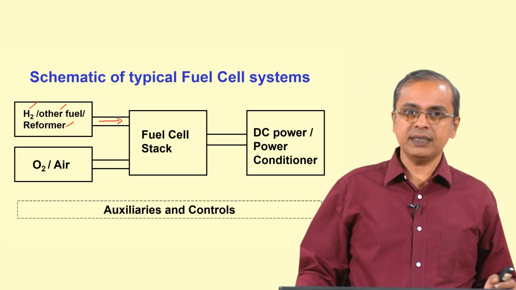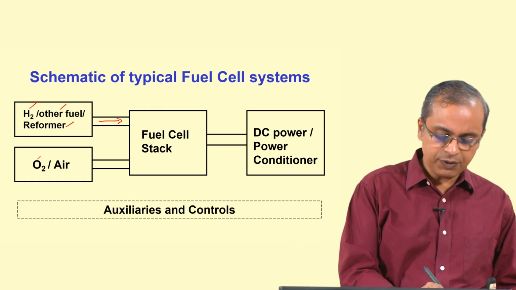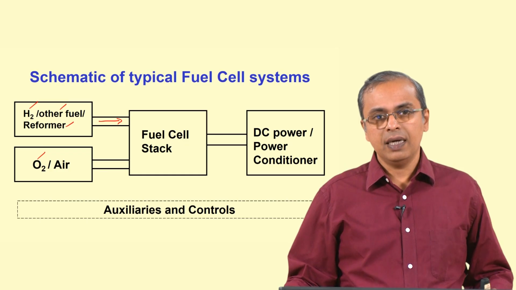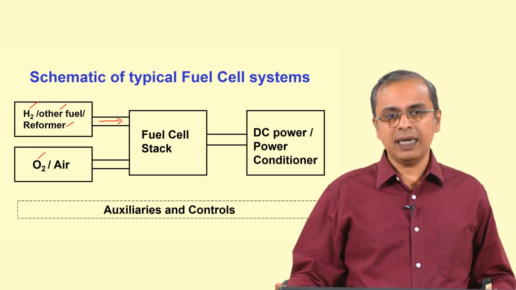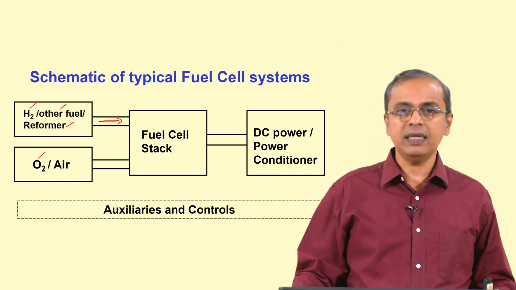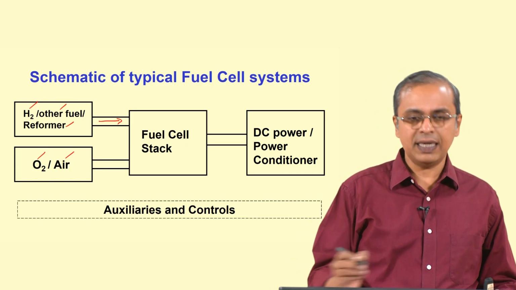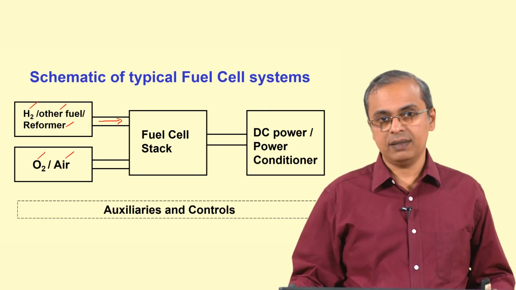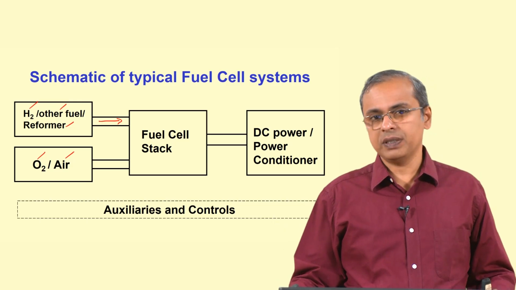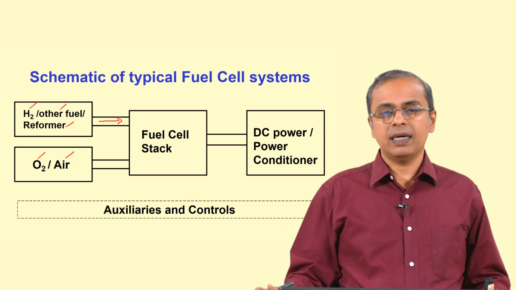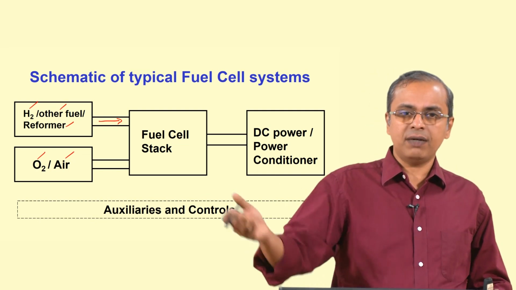On the oxygen side, the oxidant side of the fuel cell, as I said, you still have the choice of sending in pure oxygen, but more generally, from the point of view of convenience of operation and many other operational details which we will see, it makes sense to just send air, ambient air, into the fuel cell. Even in your automobiles, for example, existing automobiles which are not running off of fuel cells, you need to send air into the engine for the engine to work, and that air is taken from the ambient air.